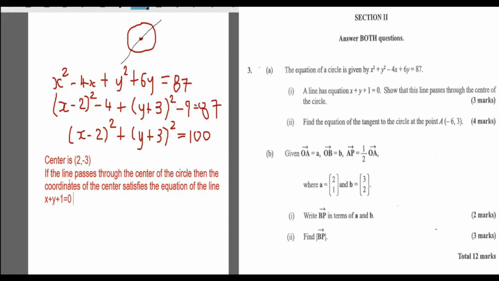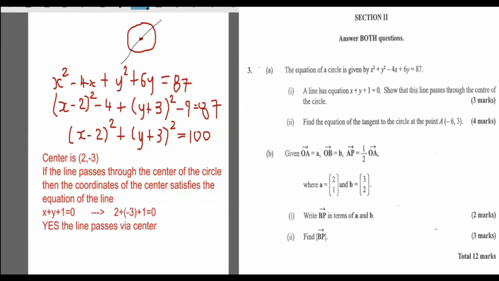Let's test out if that is true. When we substitute x as 2 and y as minus 3, we get 2 plus minus 3 plus 1, which is equal to 0. So yes, we can conclude the line does pass through the center of the circle. So we're finished with that now.